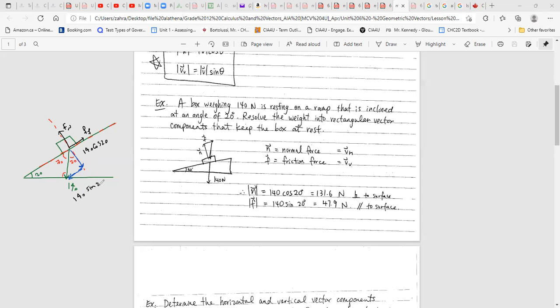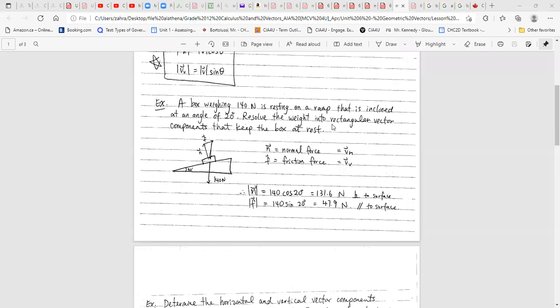This is F of g in the y direction, and here is F of g in the x direction. Again, F of g in the x direction needs to cancel friction. So friction is 140 sine 20, and the normal force is 140 cosine 20, meaning your normal force needs to cancel the y component.